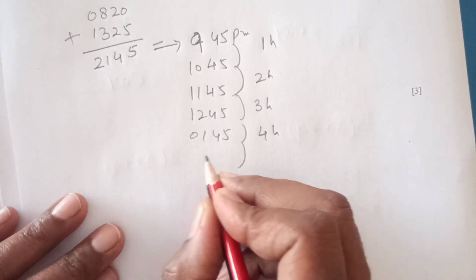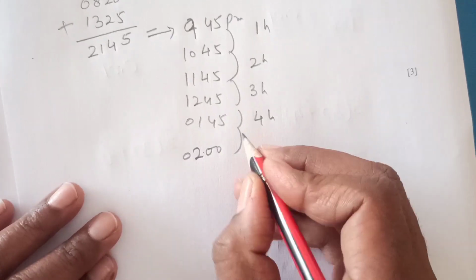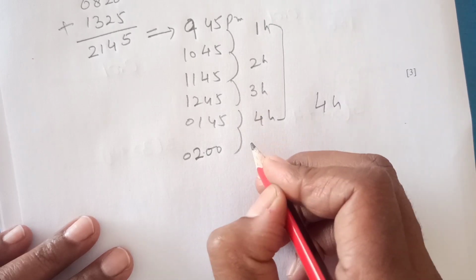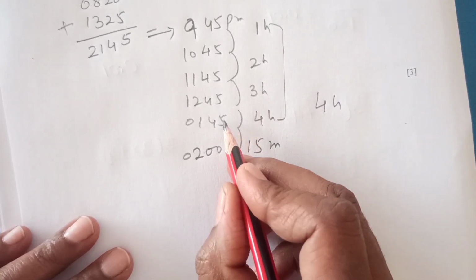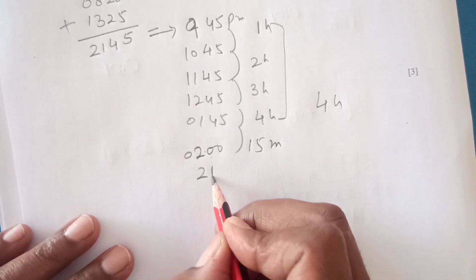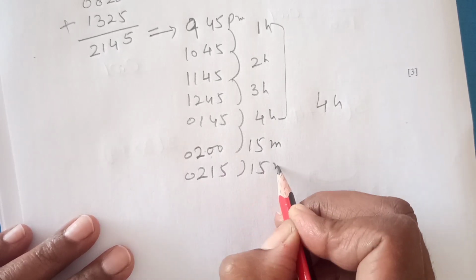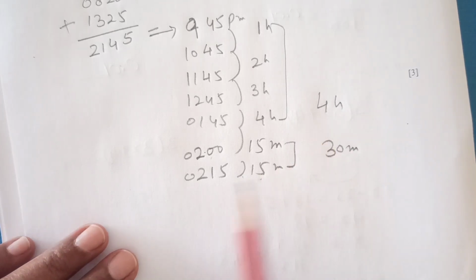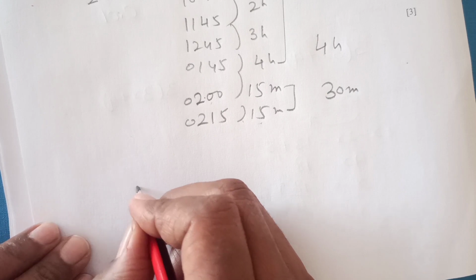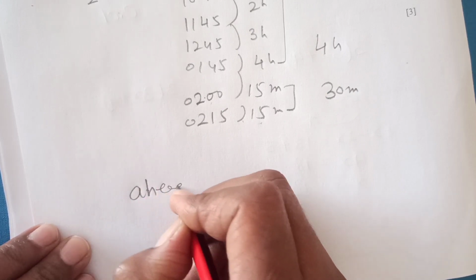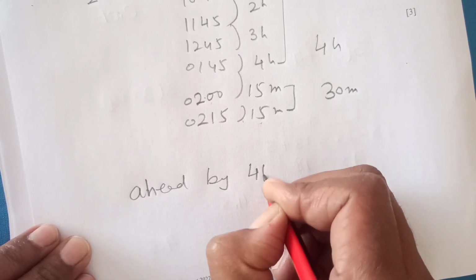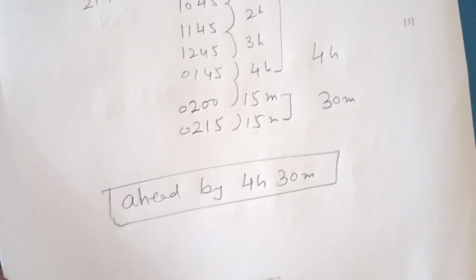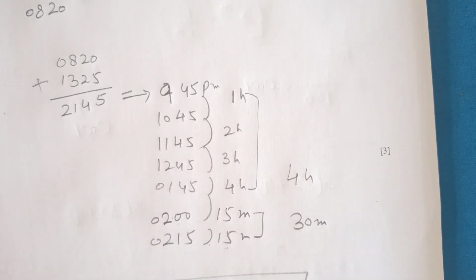So 1:45 to 2 in the morning, that is 15 minutes here, right? Then it reaches at 2:15, 15 more minutes. So total is 30 minutes. So we can say final answer is it is ahead by 4 hours and 30 minutes, right? So this is our final answer here. Be careful while calculating this time here.